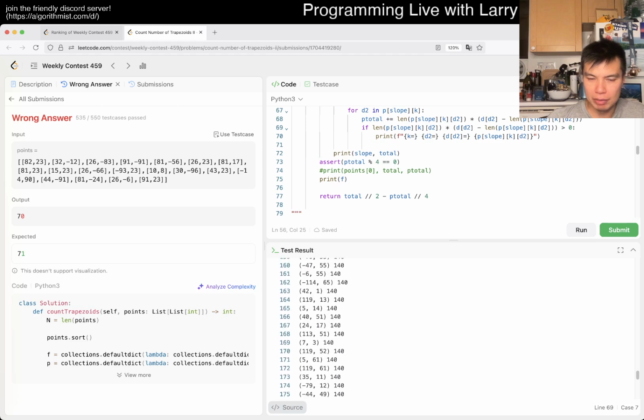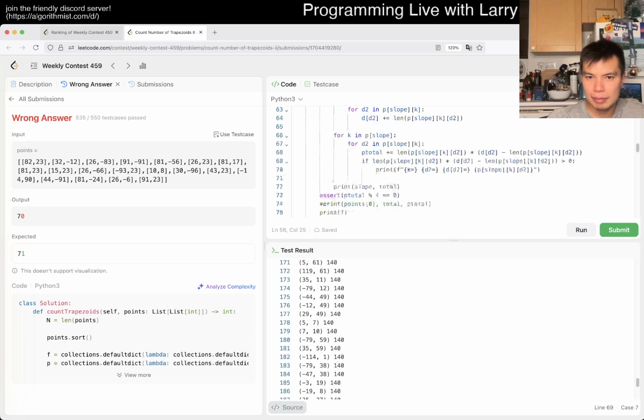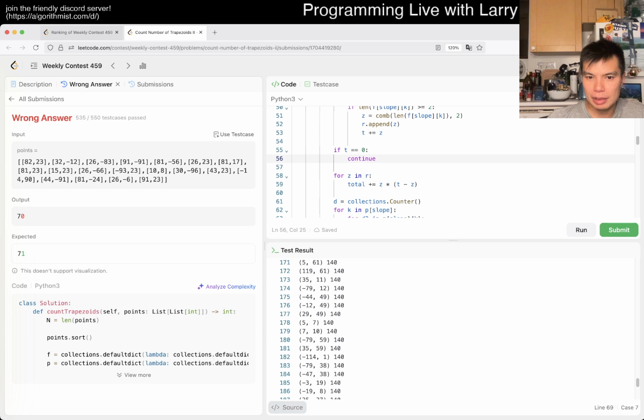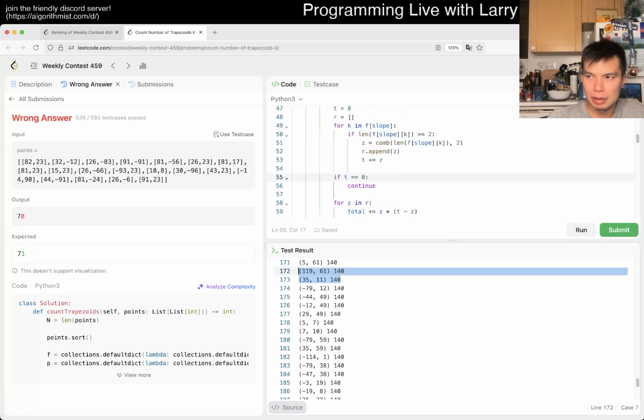And slope is dy dx, that's why it could be negative. Okay. Wait, if t is not equal to 0, then why do all these exist? Because t... Okay.